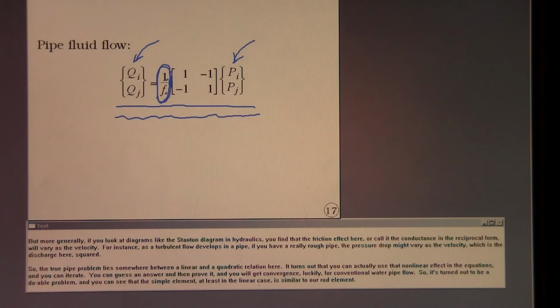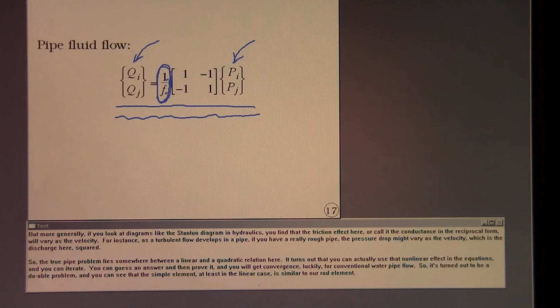So the true pipe problem lies somewhere between a linear and a quadratic relation here. It turns out that you can actually use that nonlinear effect in the equations, and you can iterate. You can guess an answer and improve it, and you will get convergence, luckily for conventional water pipe flow. So it's turned out to be a doable problem, and you can see that the simple element, at least in the linear case, is similar to our rod element.